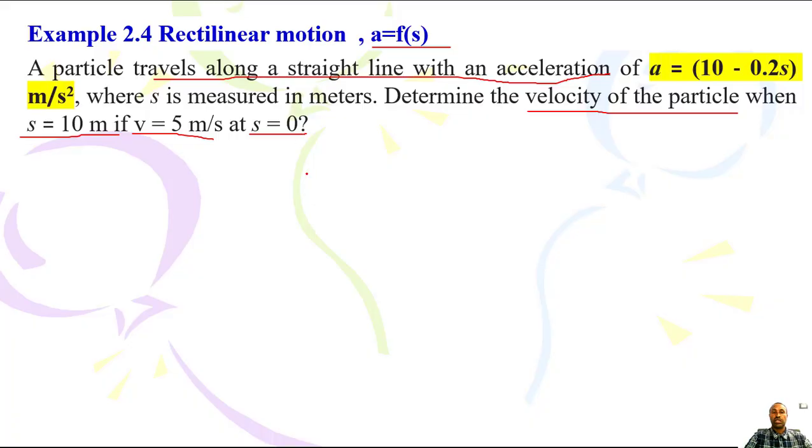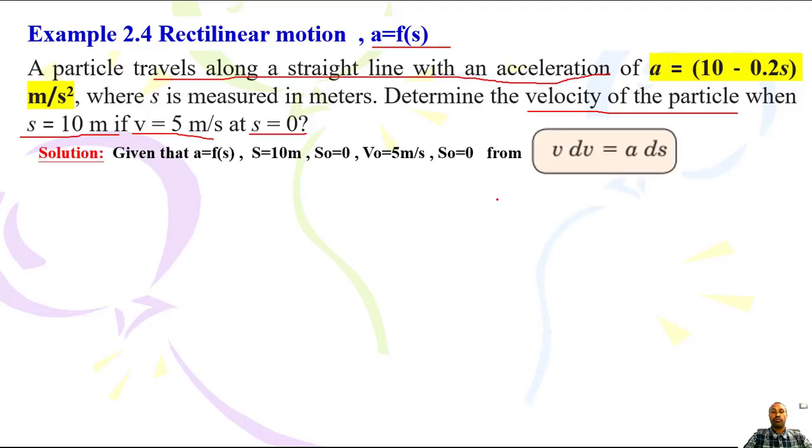So when the distance is at 0, which is the initial point, the velocity was 5. So what will be the velocity of the particle? Given a as a function of s, s is 10, s0 is 0, so v0 will be 5. This is the initial condition.